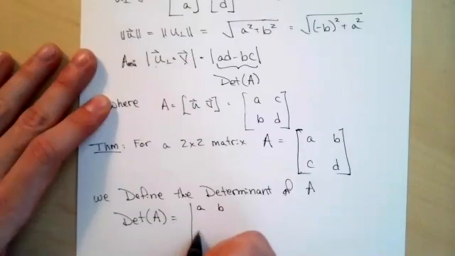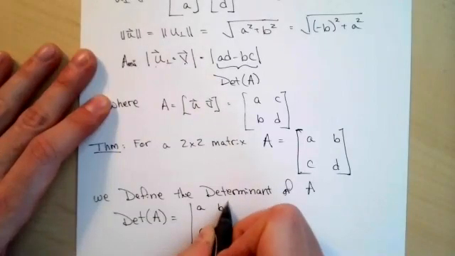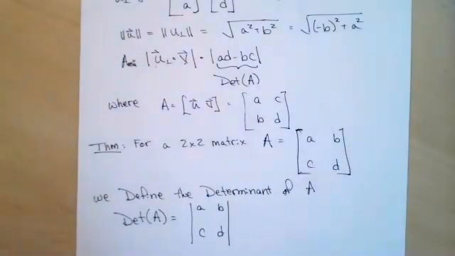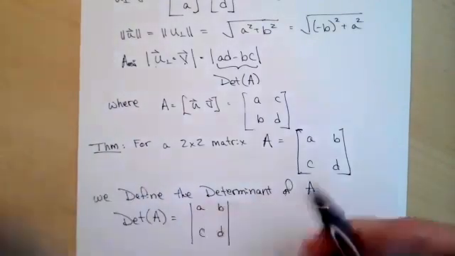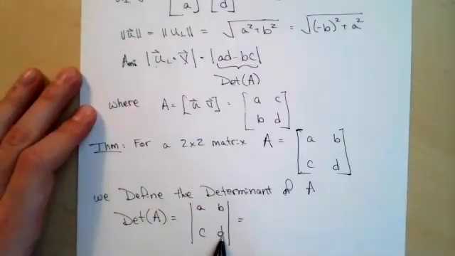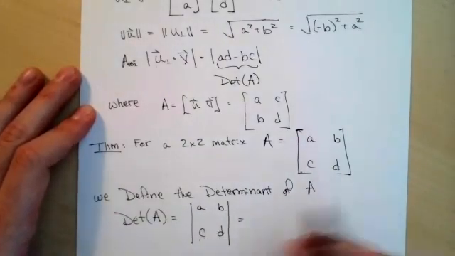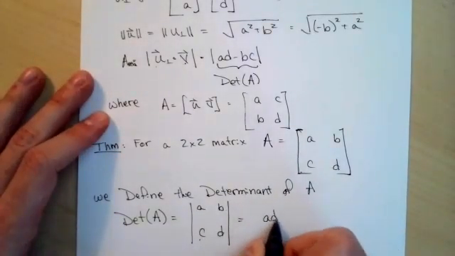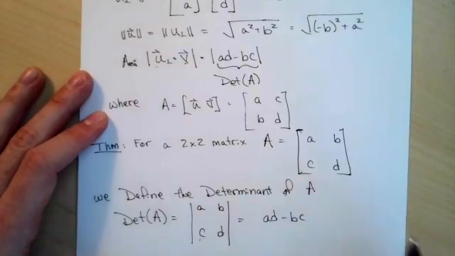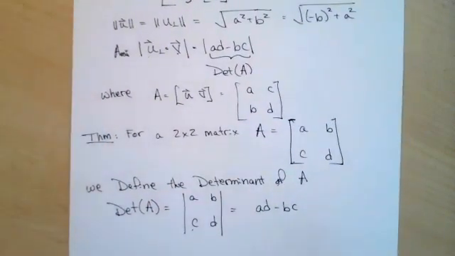So think of it like an absolute value, which is really what we've been doing, right? We want to know the absolute area of it. And so we just take the product of the diagonals and we take the difference. AD minus BC.